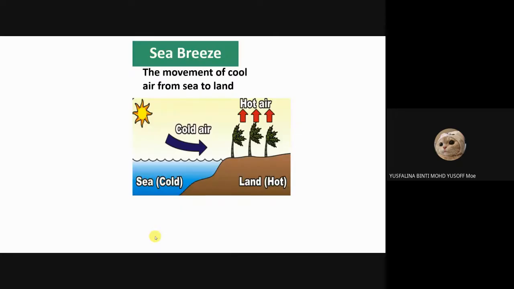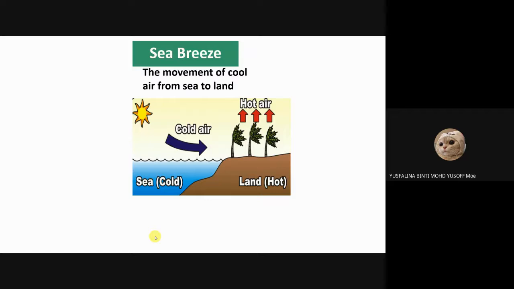So the sea breeze occurs during the daytime. Sometimes they ask you to explain what happened during the sea breeze. The sea breeze is about using the specific heat capacity. So what happened here?